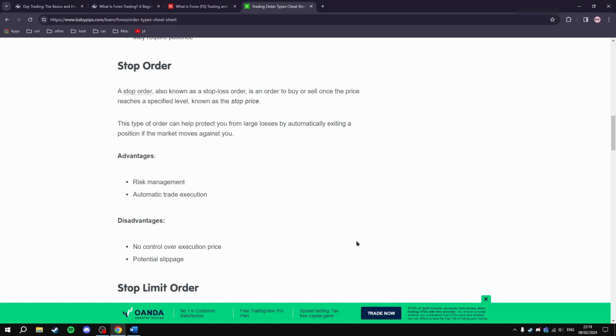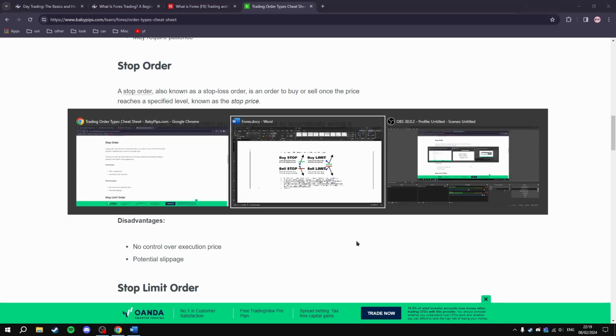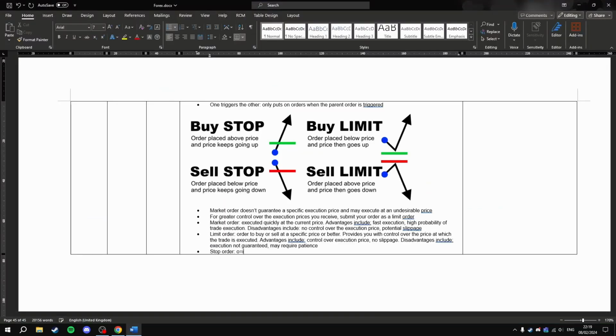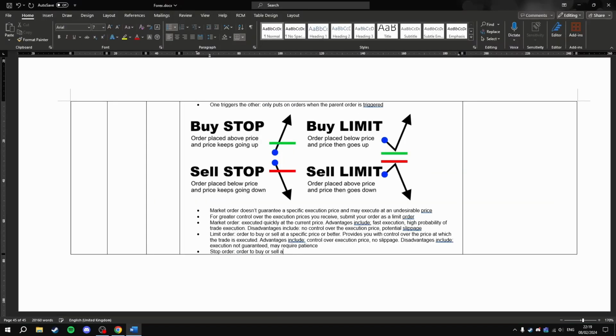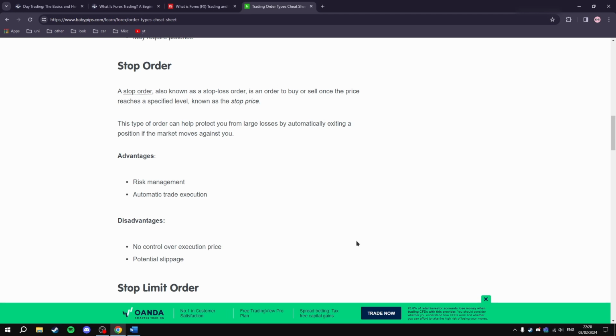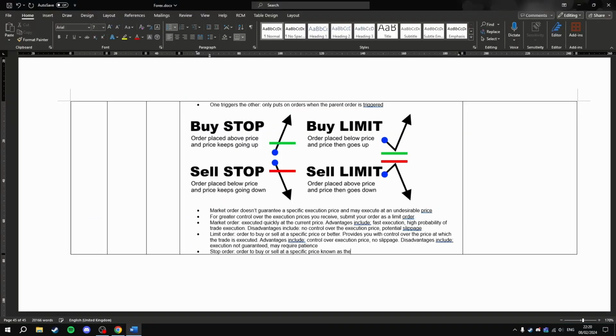A stop order, also known as a stop loss order, is an order to buy or sell once the price reaches a specified level, at a specific price known as the stop price.